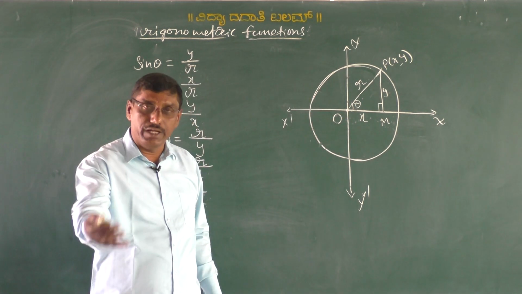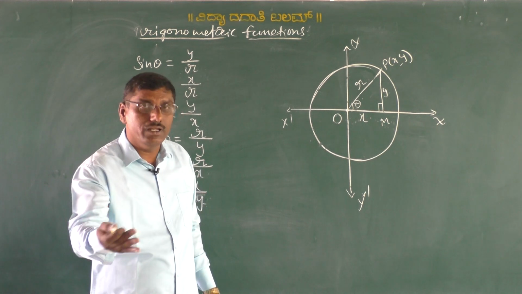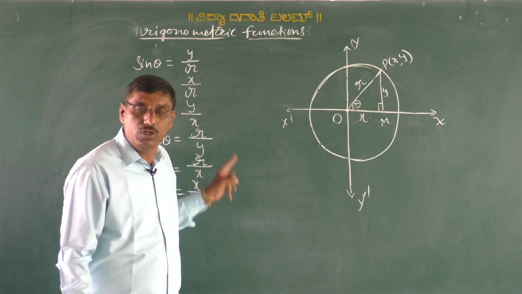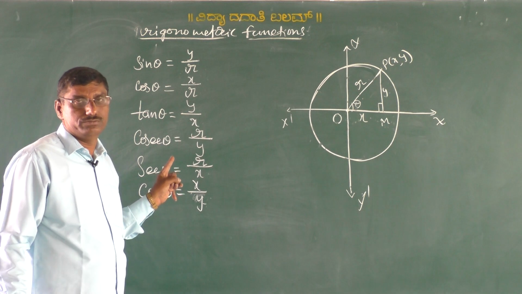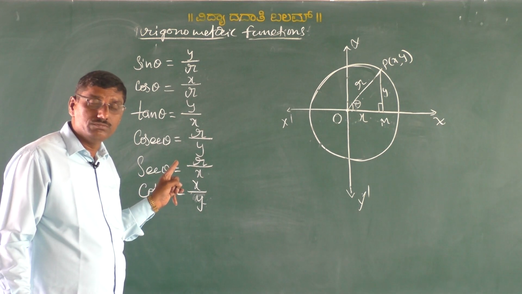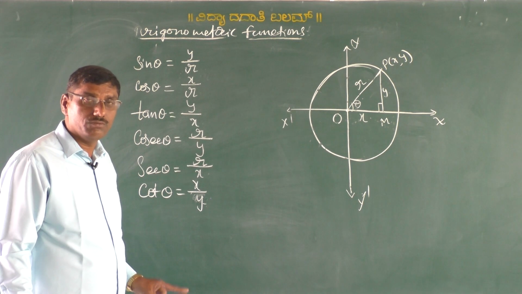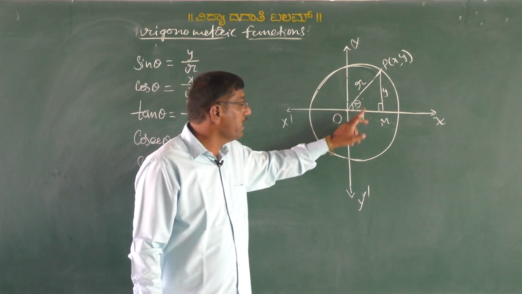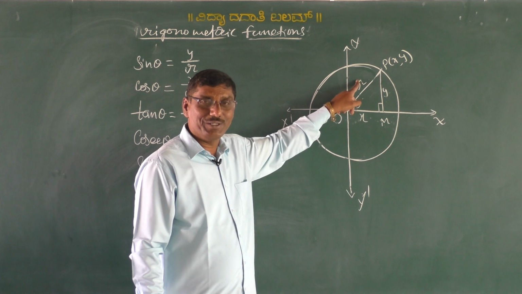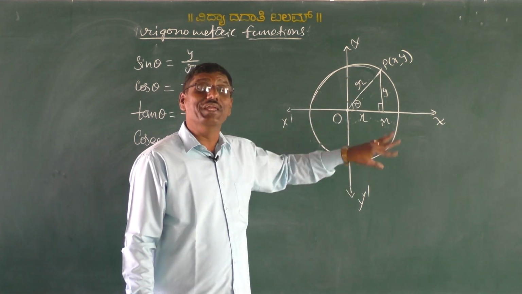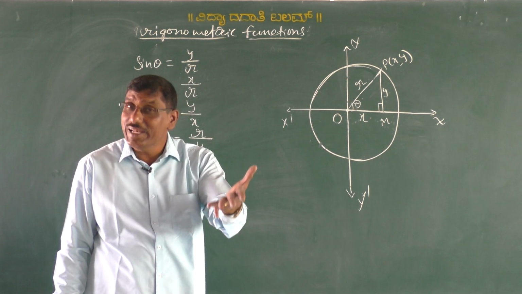How? We will discuss later. Are you understood, all of you? This is the second definition. Yes? Okay. But here only x and y change, not r. R is always the same in any quadrant, since that is the radius.